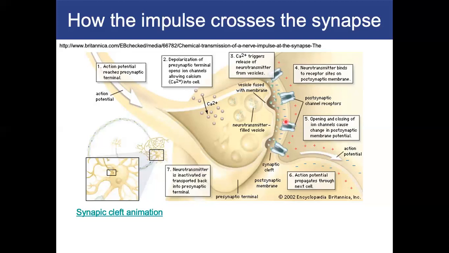So acetylcholine binds to these receptors, pops them open, sodium rushes in and depolarizes this region, and then the action potential gets generated down the second nerve. And so one nerve communicates with a second nerve, or the presynaptic nerve communicates with the postsynaptic nerve via neurotransmitter. This is how nerves communicate with nerves, or nerves communicate with organs.